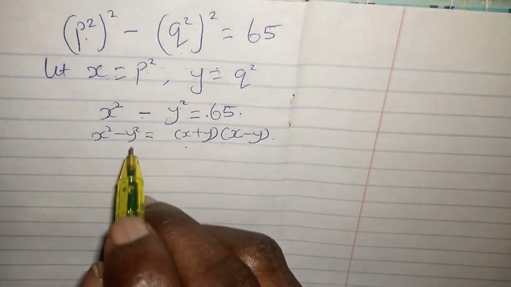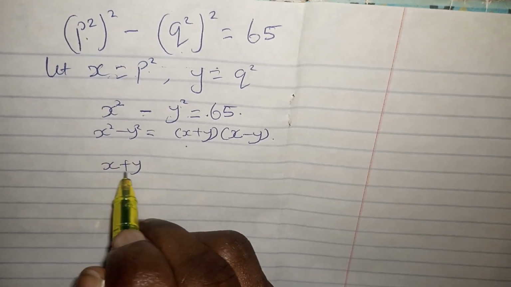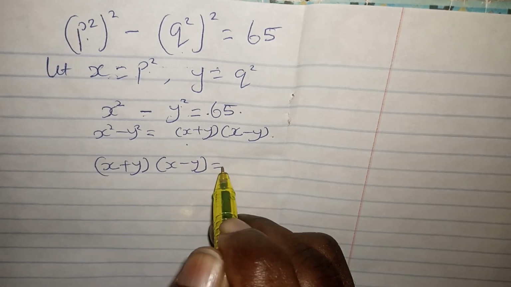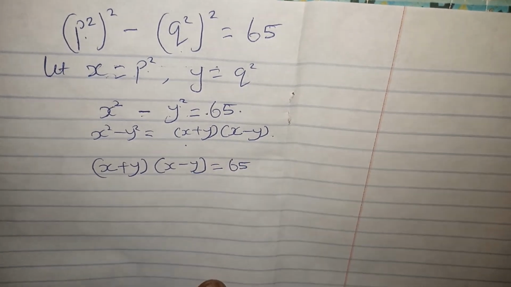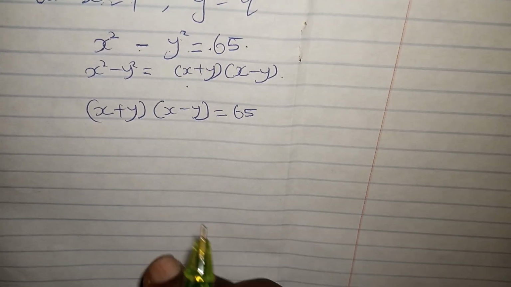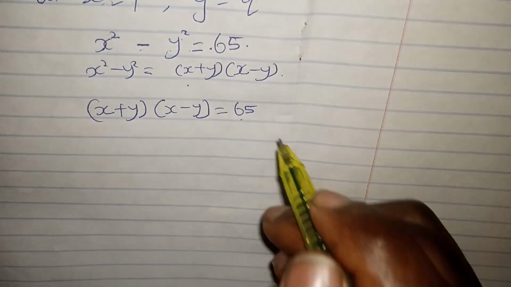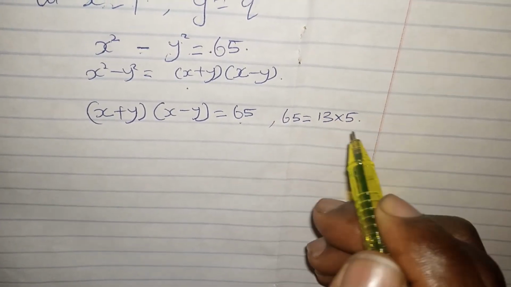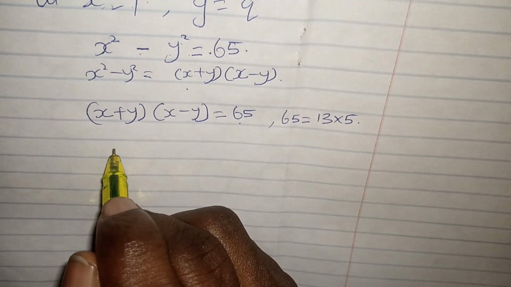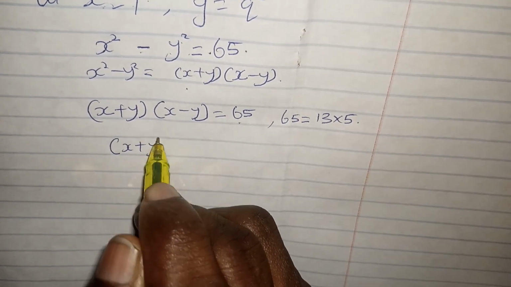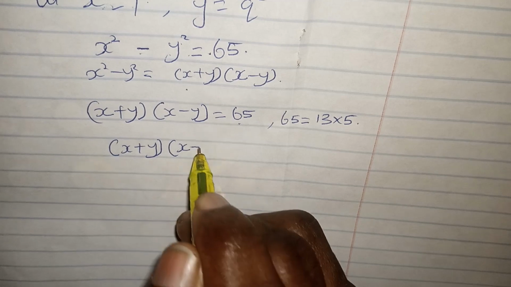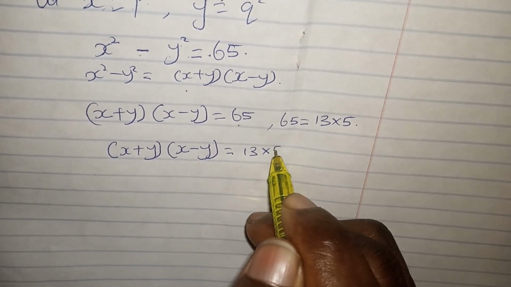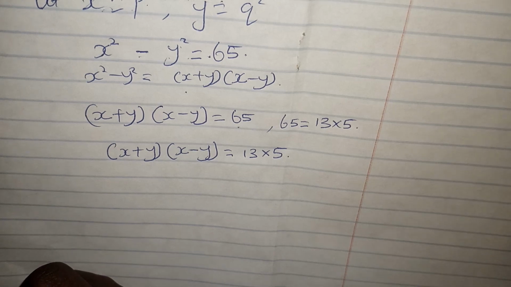So we have x plus y times x minus y equals 65. Okay? And we can rewrite 65 as 13 times 5. So we have x plus y times x minus y equals 13 times 5.